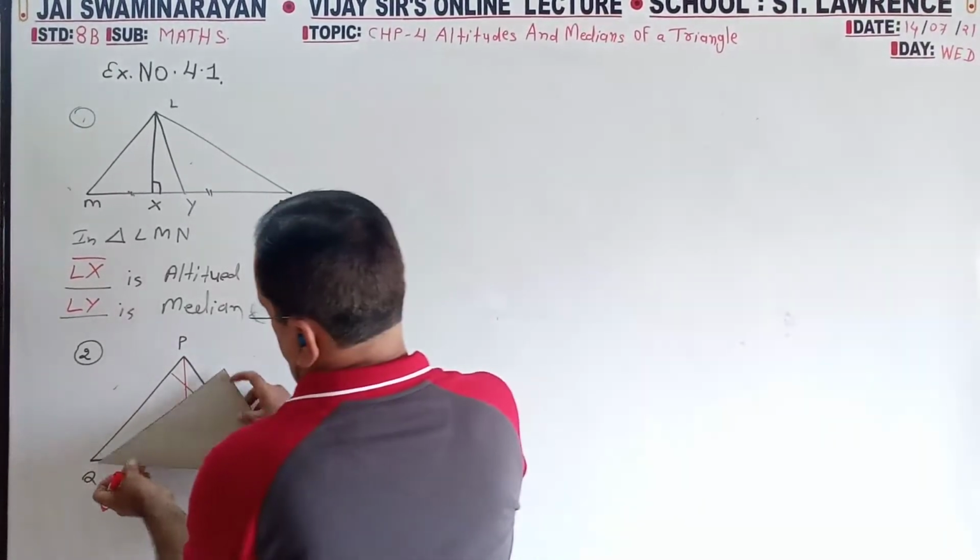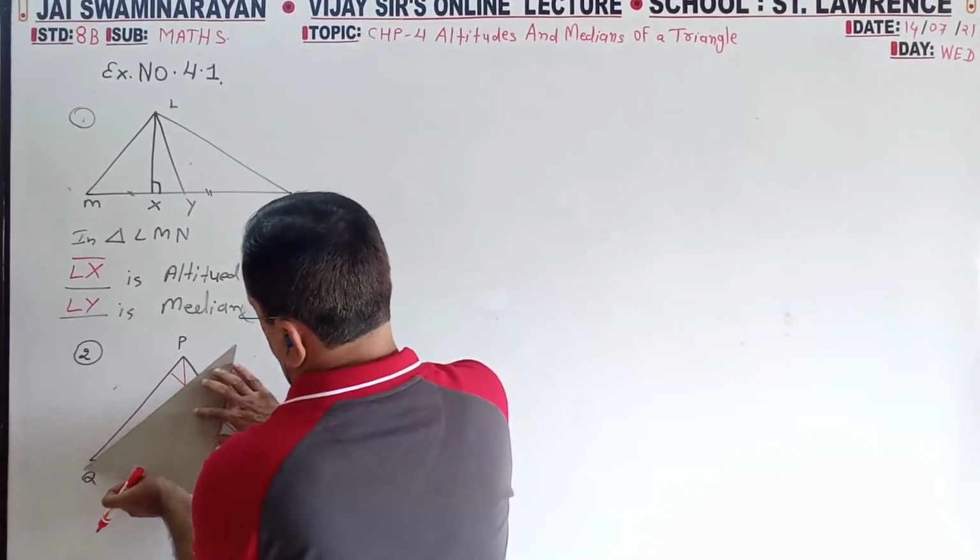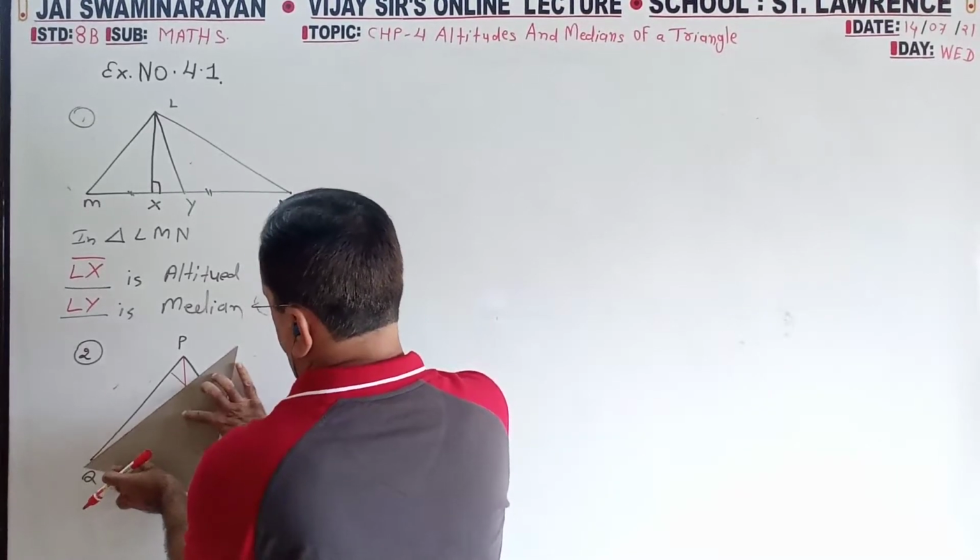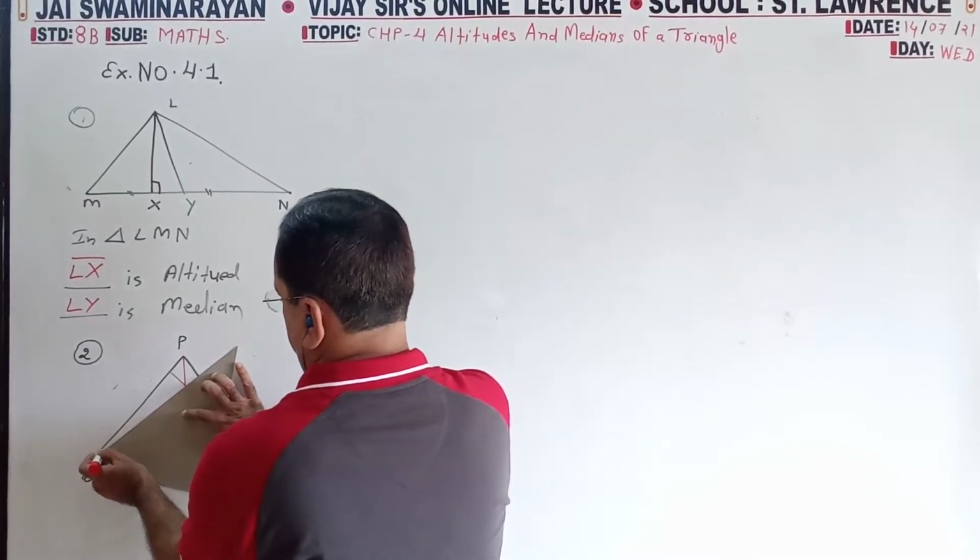Okay, and automatically the third will pass through this, so directly you have to draw. No need to take the set square.